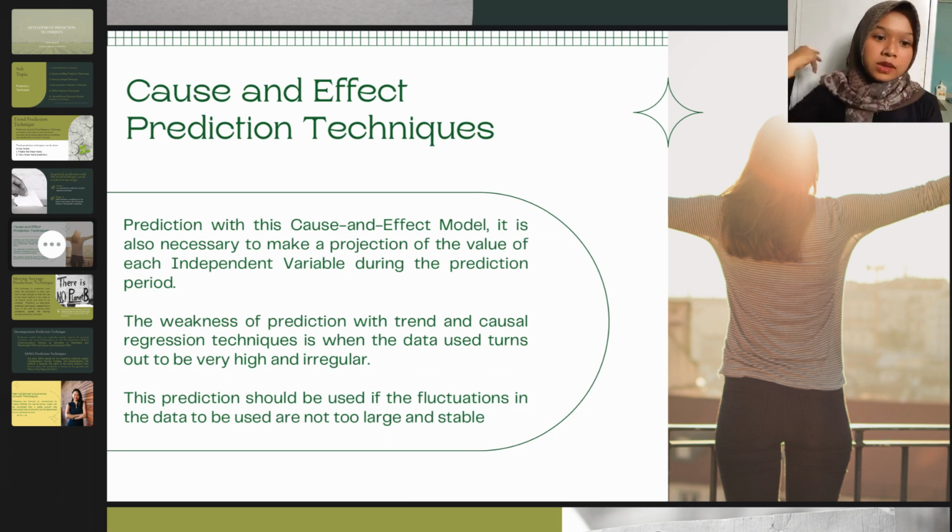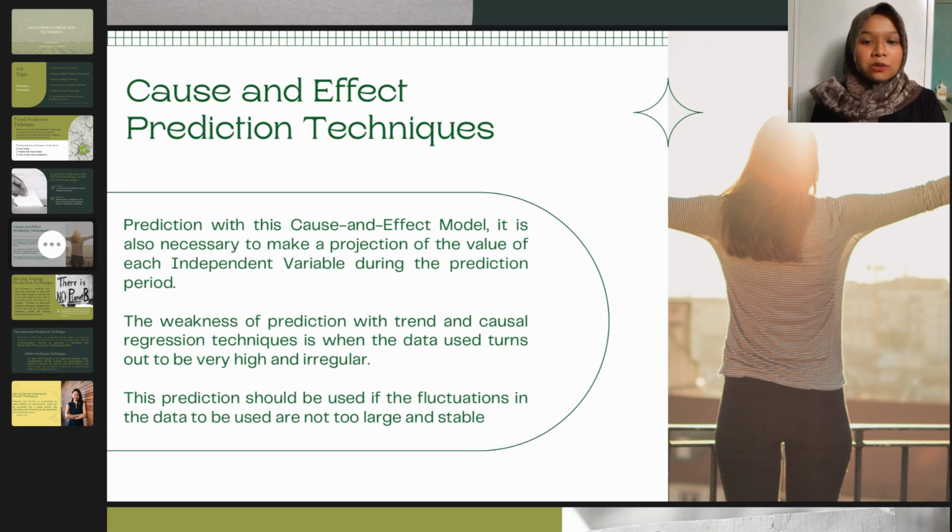Using the result of this independent variable projection, prediction for at least the next 3 years can be made by entering the estimated trend value into the obtained regression equation. As with trend regression prediction, the quality of the prediction result will be largely determined by how far the prediction is likely to contain error.